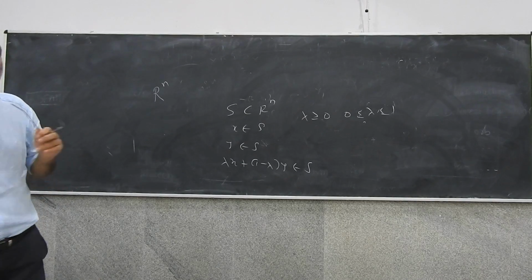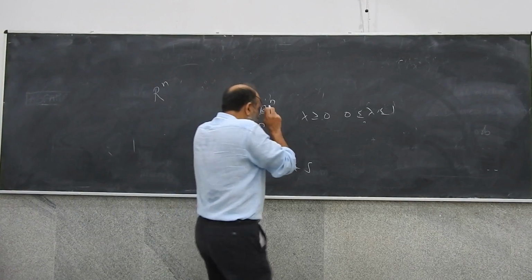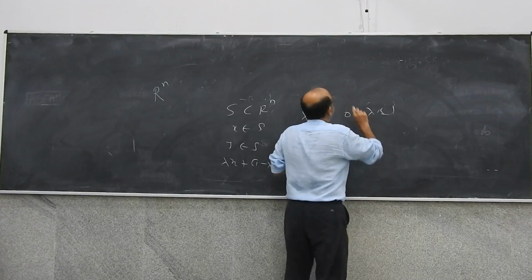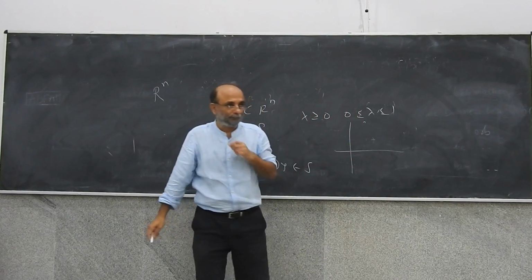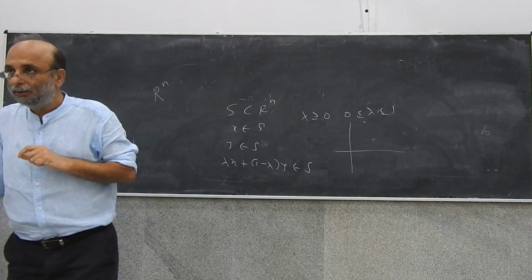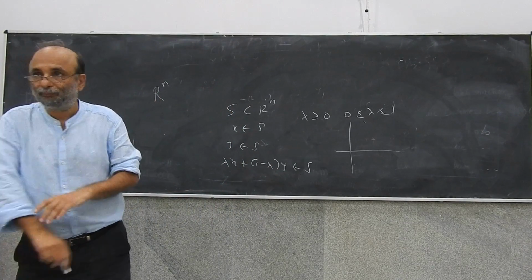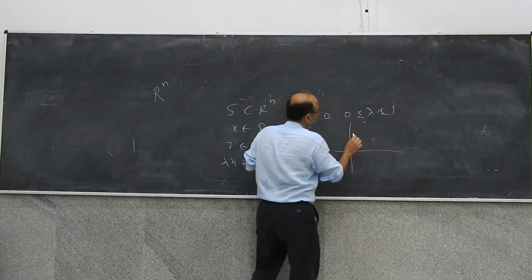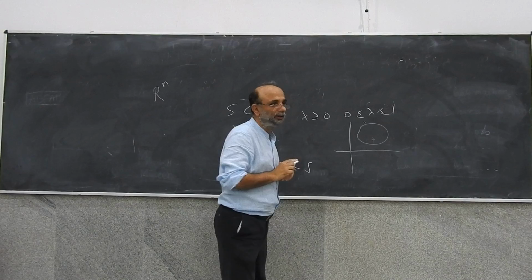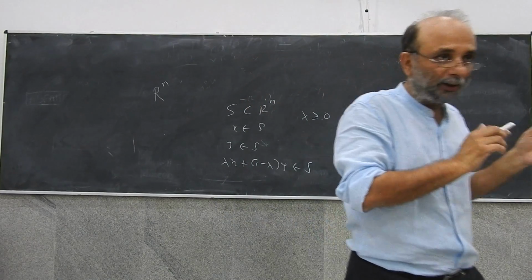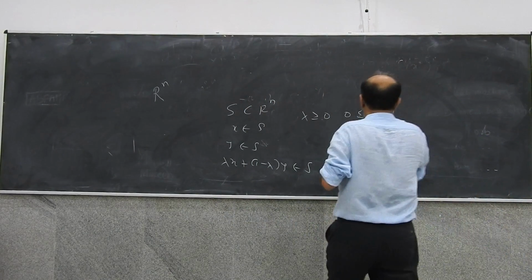Right. Now let me tell you what this means. First think of simple R2. Think of a subset of R2, which I will call this circle S, or whatever object I draw.